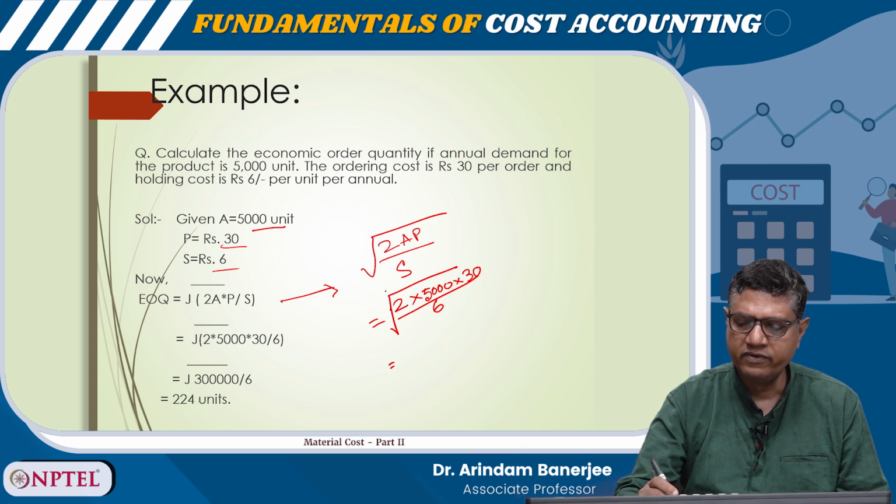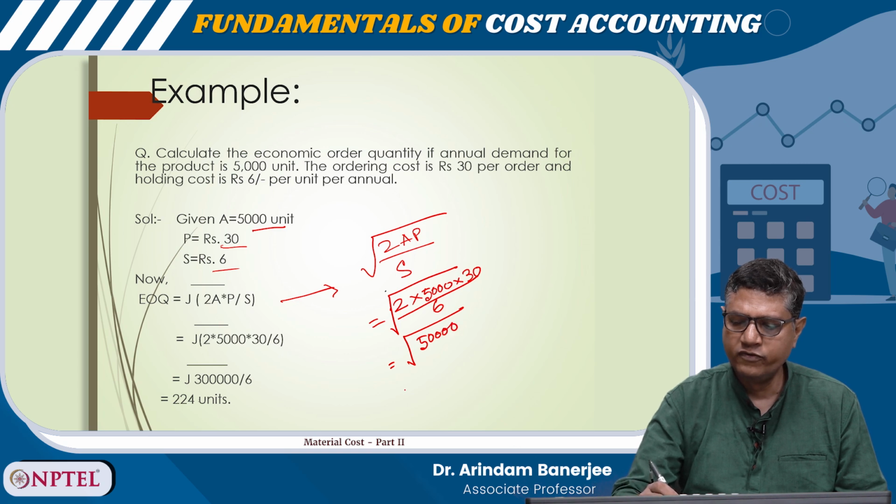If we solve this, you will find it is root over 50,000, which comes to around 224 units.